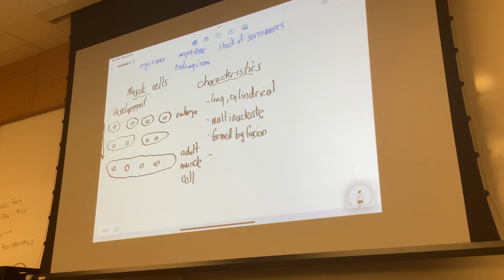The outer membrane of the muscle cell is called a sarcolemma. There is the sarcoplasm. The sarcoplasm is not extensive because there's so much found within the muscle cell.